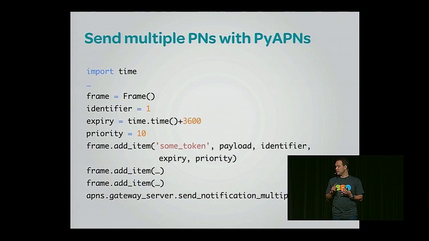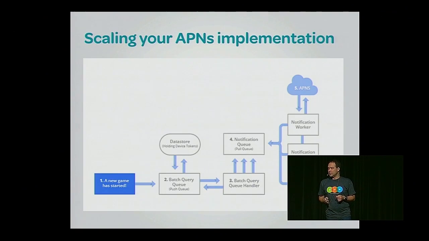It has a token, it has a payload, and then you can specify more advanced parameters like the expiration that I spoke about a little bit, that tells the server for how many seconds it should keep that message. And then also the priority, in case you have multiple messages, you can establish a priority if there are messages that are more important than others. And once the frame is constructed, you just send it, and then PyAPNS is intelligent enough to reuse the socket connection that's already established to send all those messages at once.